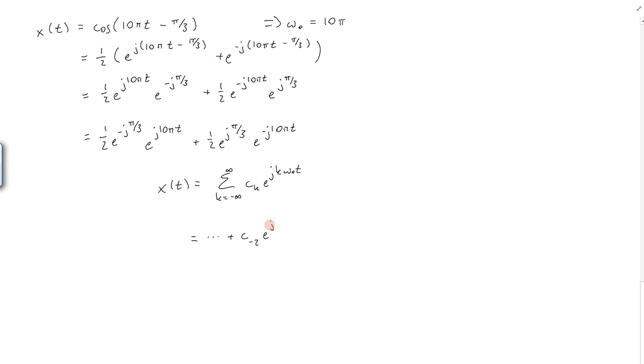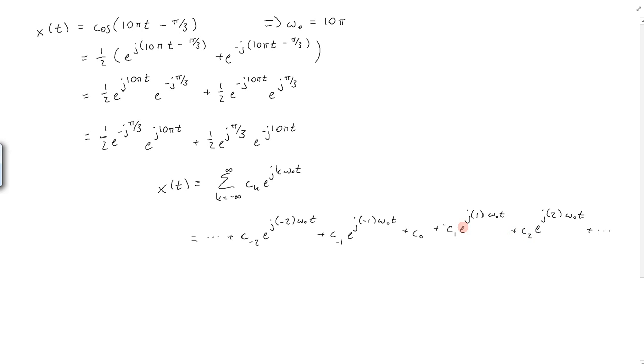E to the j minus 2 omega naught t, so that's the negative 2 term of this summation, plus c sub negative 1 e to the j minus 1 omega naught t plus c0 plus c1 e to the j 1 omega naught t plus c2 e to the j 2 omega naught t plus everything else up to infinity.